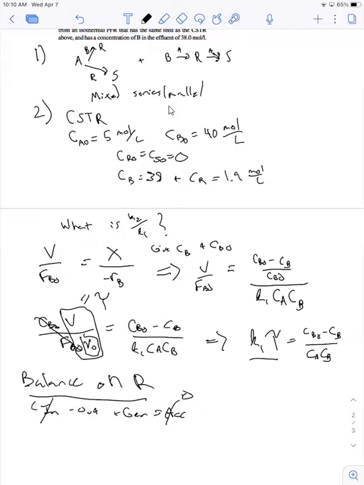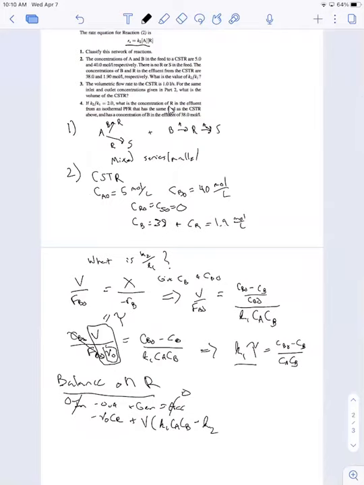So we don't have any input of R. Our out is going to be V naught CR, so that's the minus, and then plus our volume times our generation of R, and then minus the consumption, the second rate equation, which is K2 CA CR, equals 0.